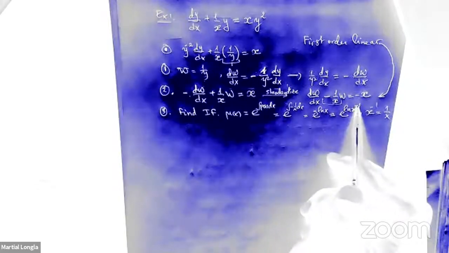The common mistake usually is that people turn this into minus x, but that's not right. You need to take the minus inside. It goes in as a power. Natural log and exponential cancel. You get x to the minus 1, which is 1 over x. Am I making sense with this?